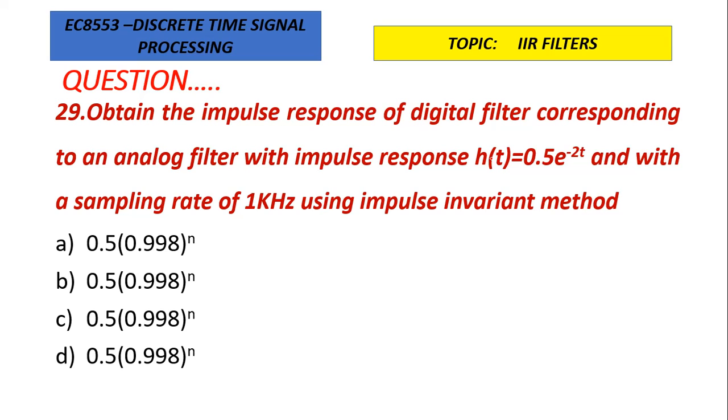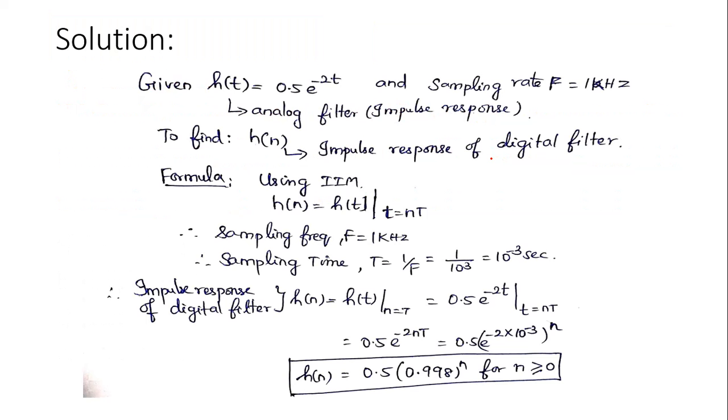Impulse response of the analog filter is h of t. Impulse response of the digital filter is h of n. We know the concept of impulse response. By sampling the impulse response of the analog filter, we can get the impulse response of the digital filter. So here is the method. h of t is given, and h of n we should find out.